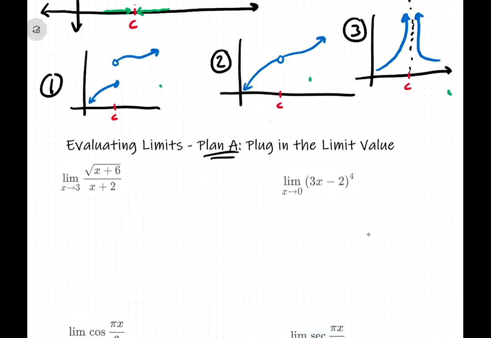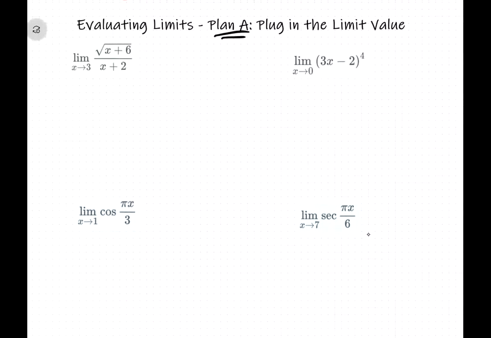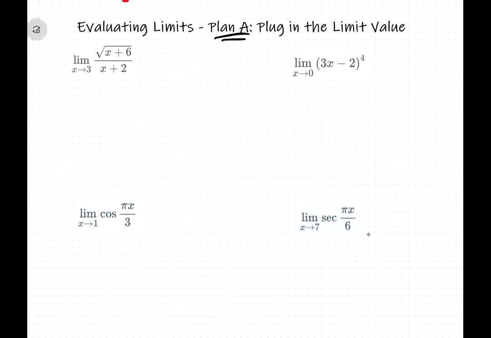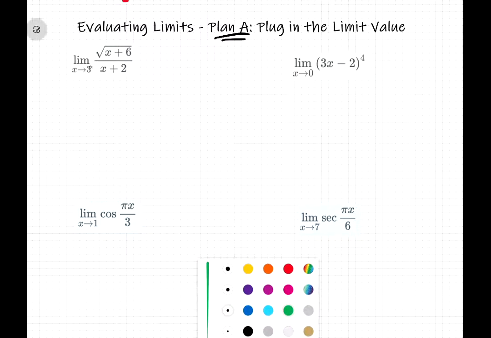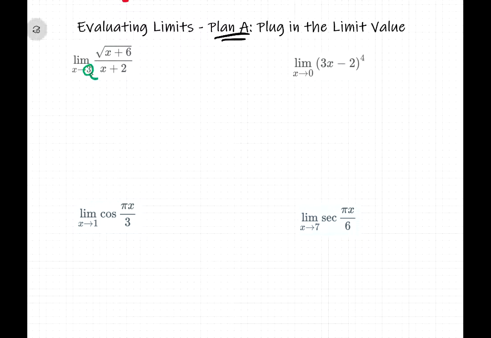Okay, so in any limit problem, your first attempt should be, can I do this? Can I plug in the limit value for each value of x? And in this case, yes.